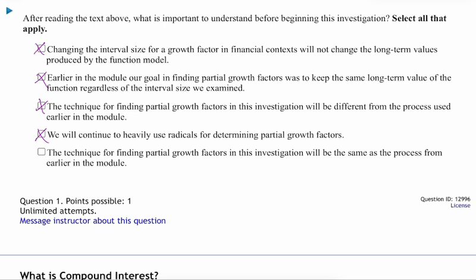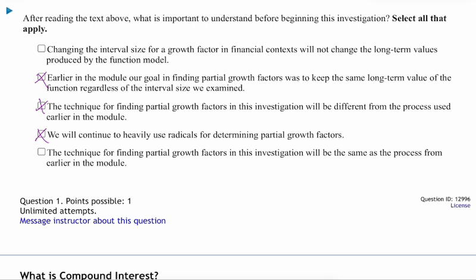Okay. I think that's what we wanted. Let's see. Actually, I don't think we want that one. I think the technique for finding partial growth factors will be different, yes.